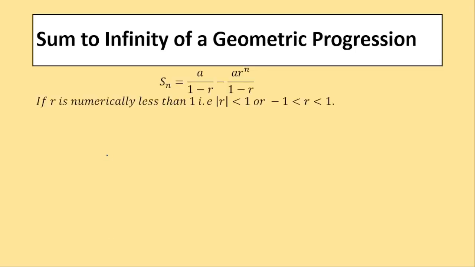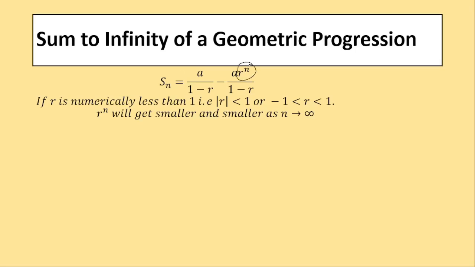Condition number 2. What if we took values of r that are less than 1, or the values of the common ratio that are between -1 and 1? If we took the absolute value of r which is less than 1, will we have a limiting value? So r raised to the power n will get smaller and smaller as n gets larger and larger.